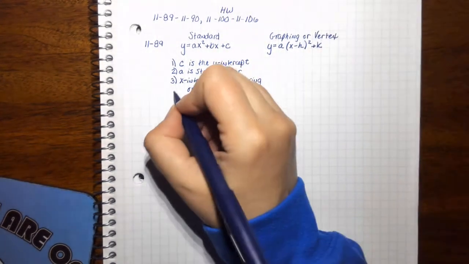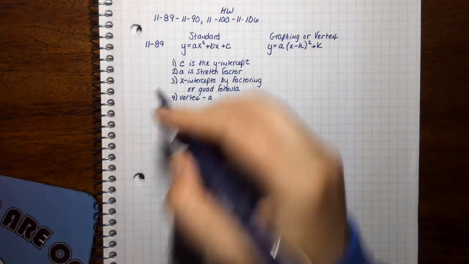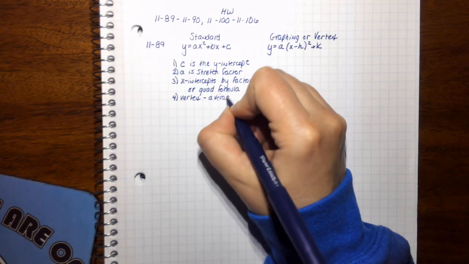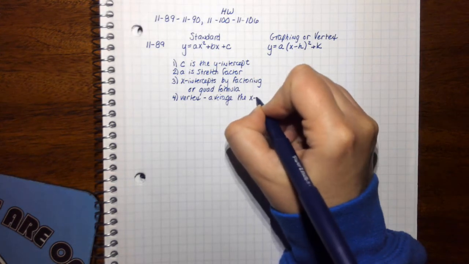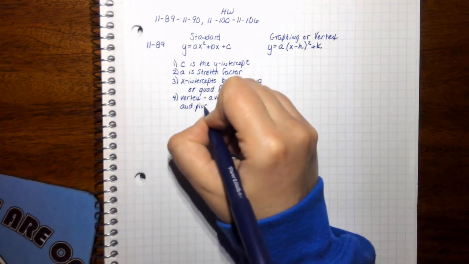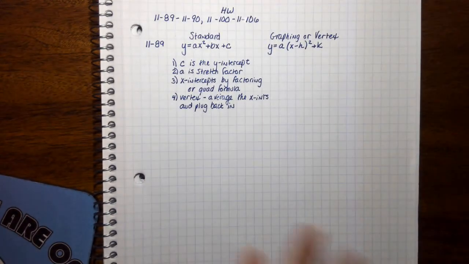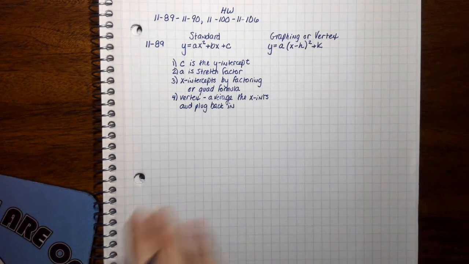And then to get the vertex, you would average the x-intercepts and plug back in to get y. That's something we've done quite a while ago, but that's standard form in a nutshell.